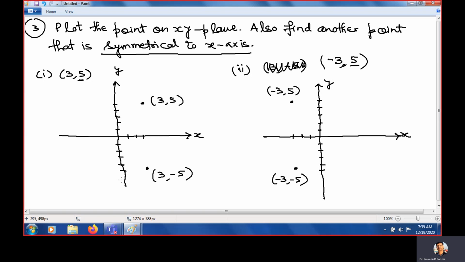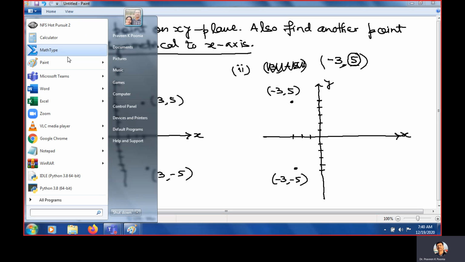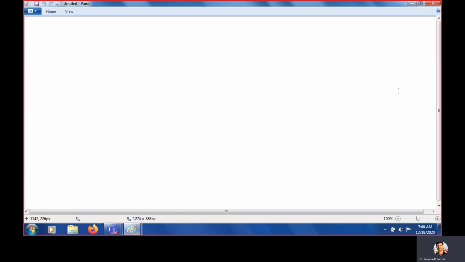Y negative, down. And mark the point. If you want to find the symmetrical point with respect to the x-axis, just change the value of y to minus of it. If it is negative, change it to positive. If it is positive, change it to negative. So these are the three types of questions in case of symmetry.